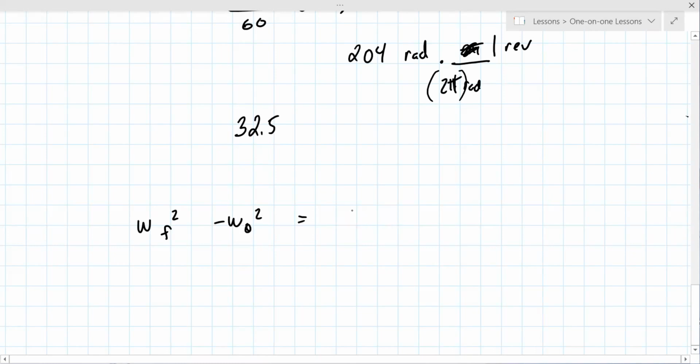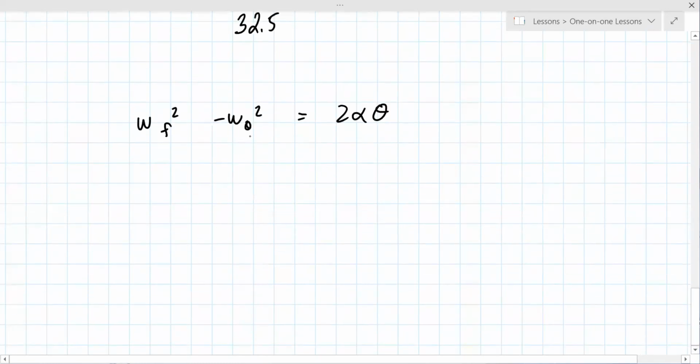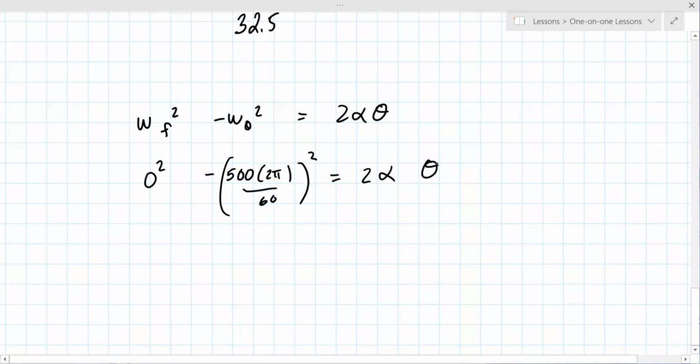We have all of this information. Omega initial is negative 500 times 2 pi over 60, all of that squared. Omega final is 0 because it's not moving. Alpha is the alpha we just found, and theta is what we're trying to find here.